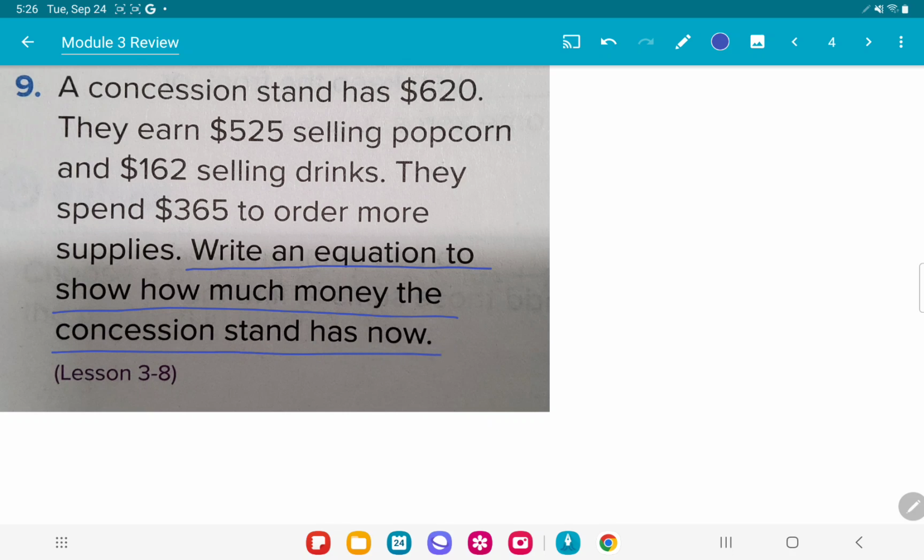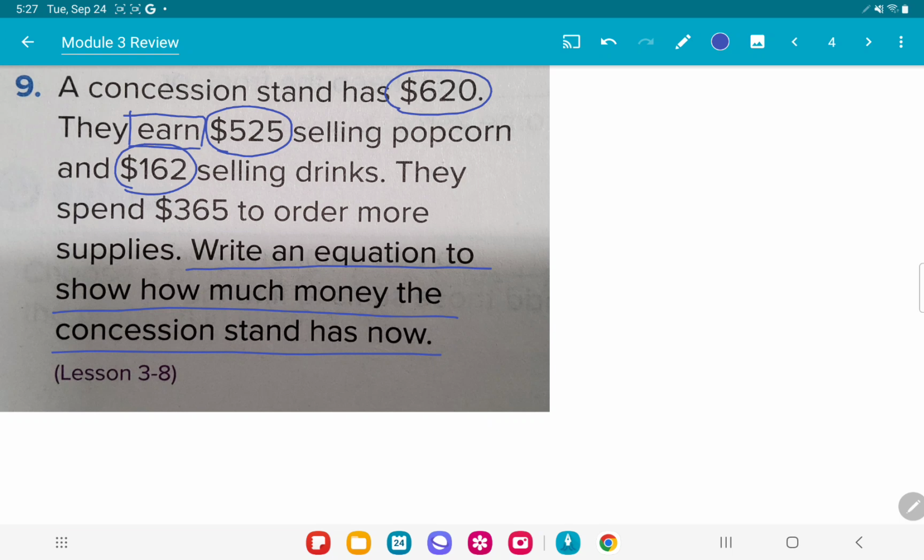So let's go back to our problem and look and see. And it says the concession stand has $620. They earn $525 selling popcorn and $162 selling drinks. If they earn that much money, we know they're adding that to the amount they have.